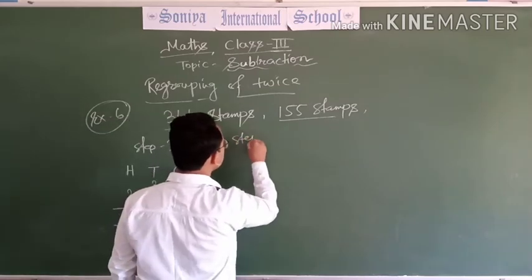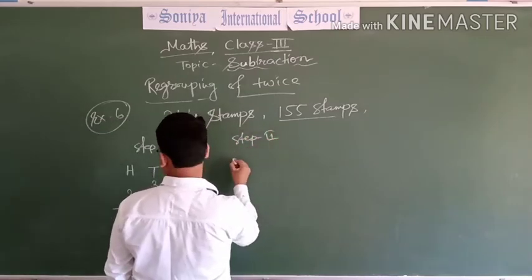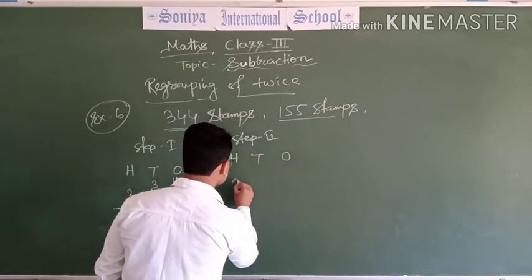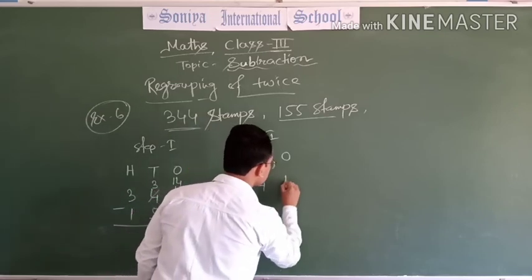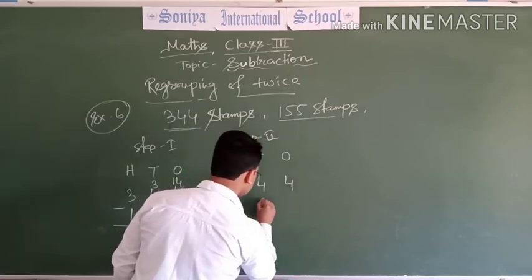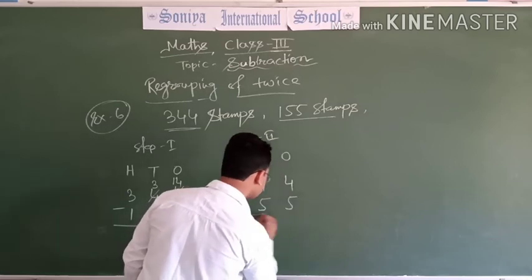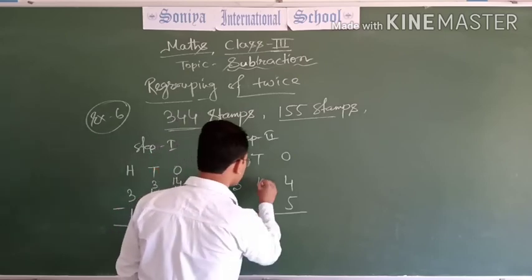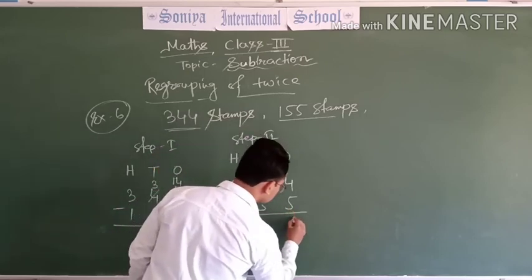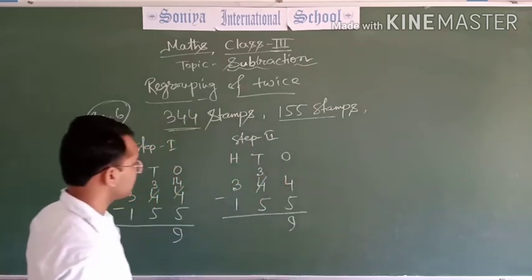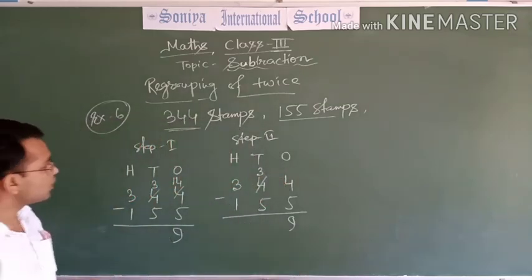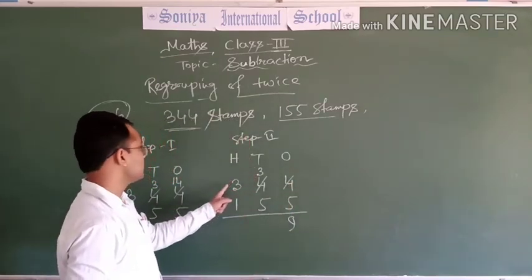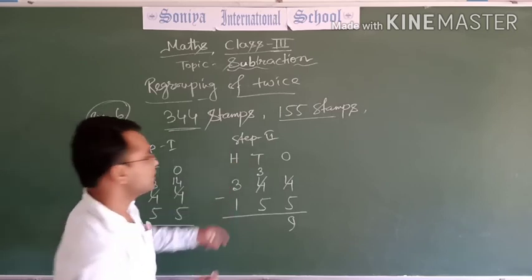So now step 2. Hundreds, tens, ones, 344 and 155. We got from step 1 here 3 and here 9. 3 is less than 5, so carry 1 from the hundreds place and add 10.